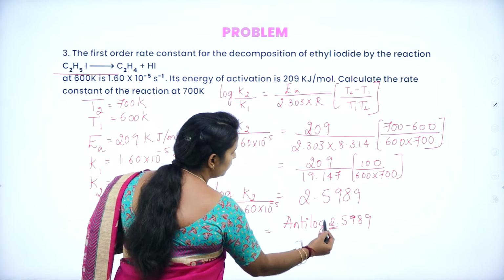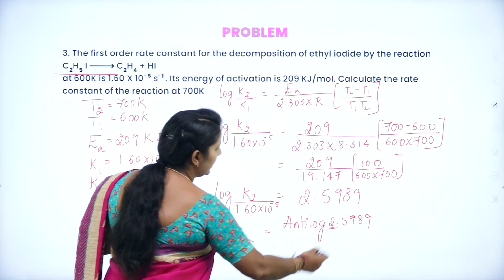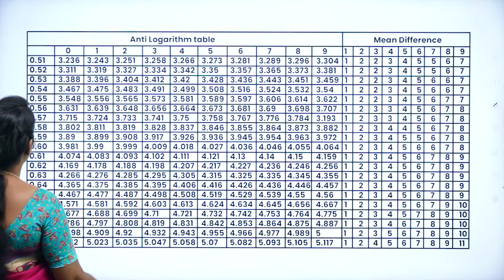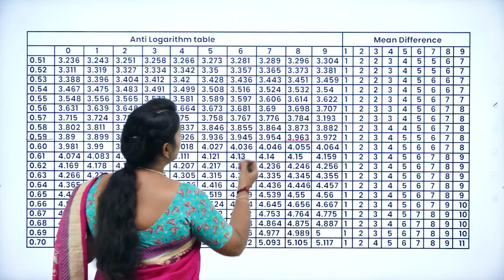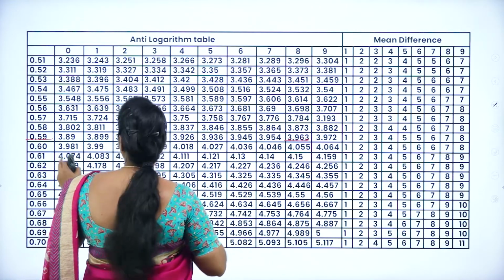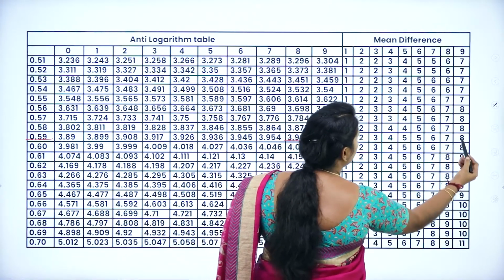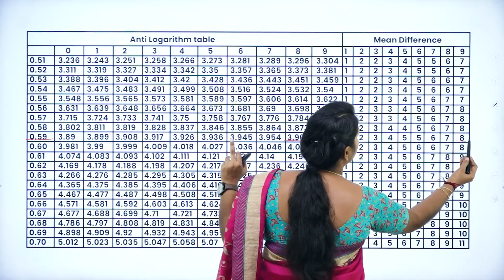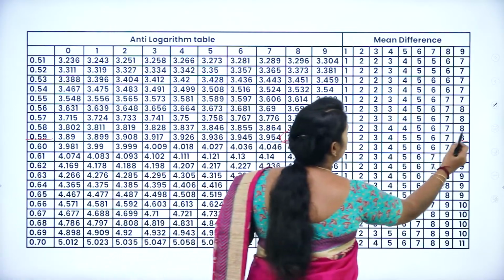I have considered 2 as 0 because it is a characteristic. So for 0.598, the value under the 8 is 3.963, and we have to see the 9 for this. Is it right? This is how we will find out the anti-log values.